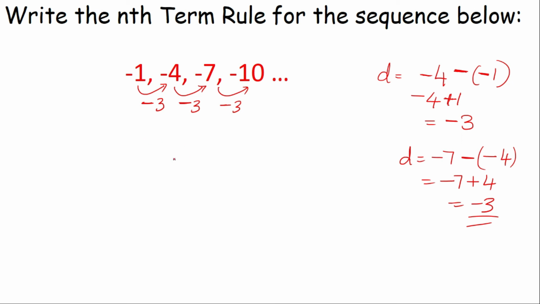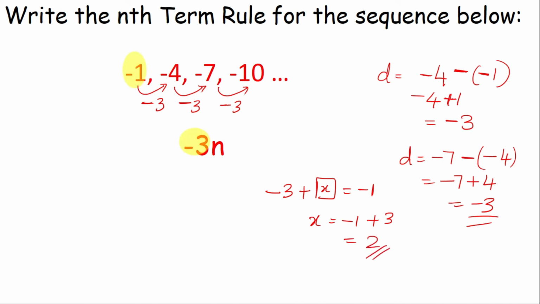So the first step is to write -3n. That's how your rule is going to start. And from -3, how can you get -1? -3 plus what number gives you -1? It's just a linear equation if you can solve. So x is going to be -1 plus 3, which is 2.